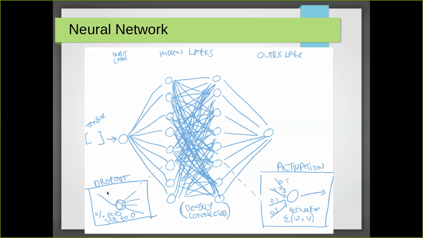Remember, we talked about dropout the other day. It's really useful in neural networks, where essentially you turn off a random portion of these at every training iteration. It's common to have that quite high, about 50%. So every time you run through, you randomly switch off half of these, and it prevents overfitting.